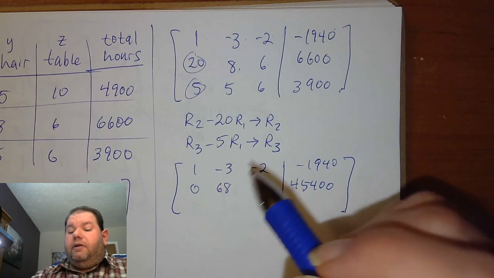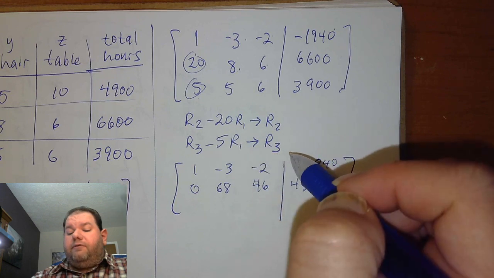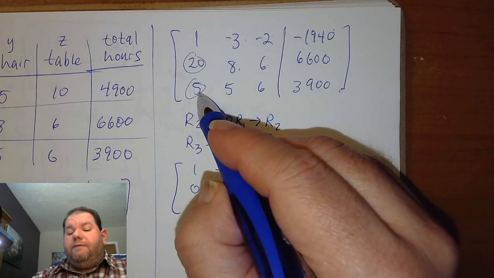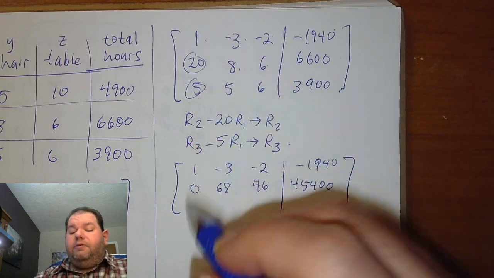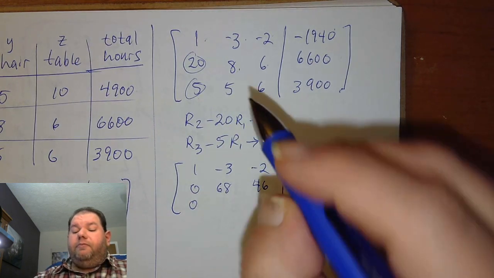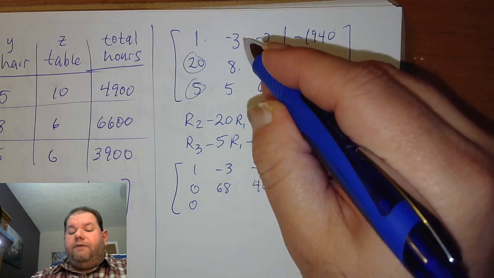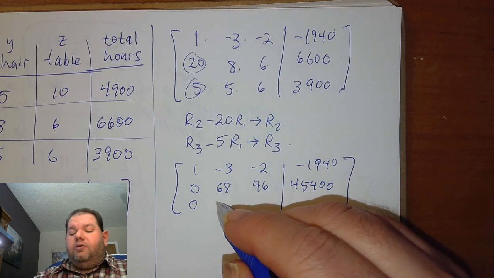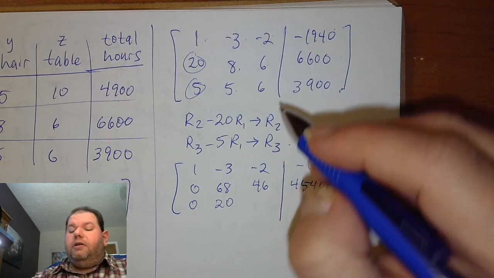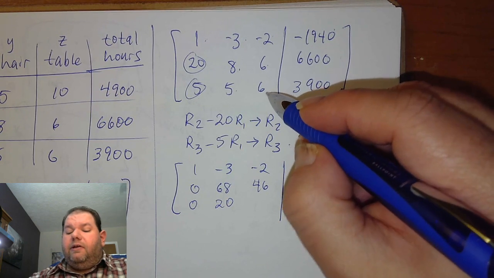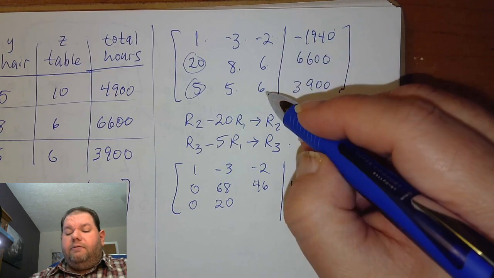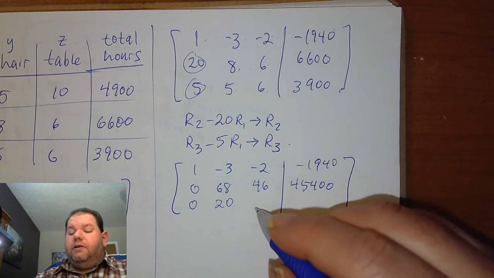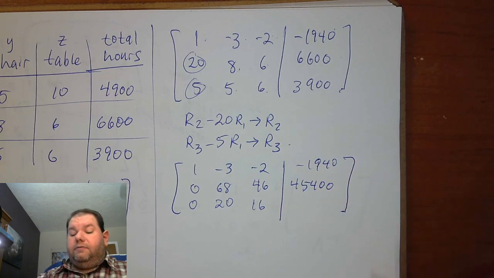Alright. Row 3 minus 5 times row 1 replaced row 3. So 5 minus 5 times 1. 5 minus 5 is 0. 5 minus 5 times negative 3. 5 plus 15, 20. 6 minus 5 times negative 2. 6 plus 10, 16.